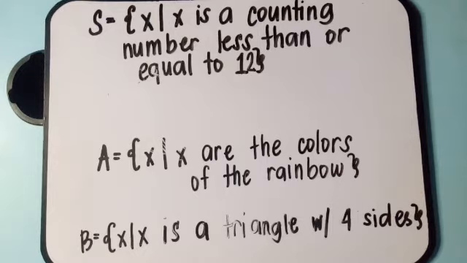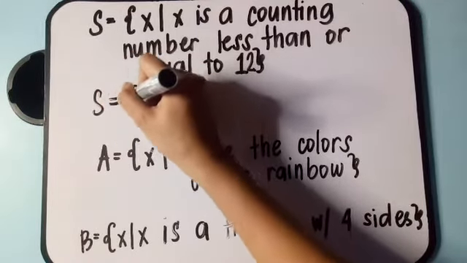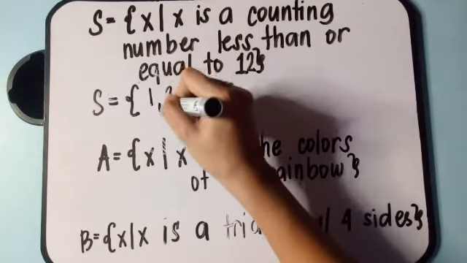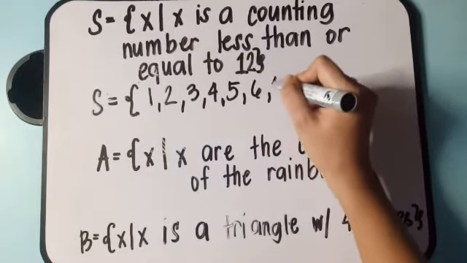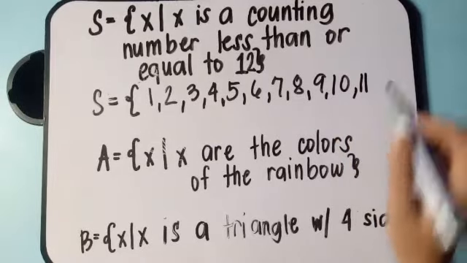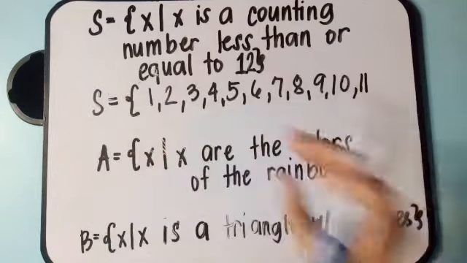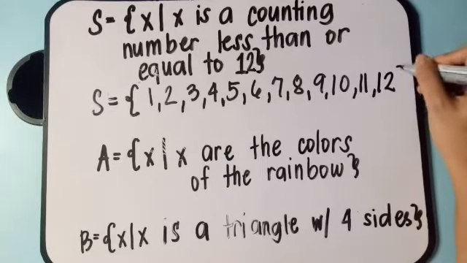So, we need to list down the elements that belong to the set S. So, we have 1, 2, 3, 4, 5, 6, 7, 8, 9, 10, 11. Should we include the 12? Yes, because from the definition, less than or equal to. So we will include the 12.